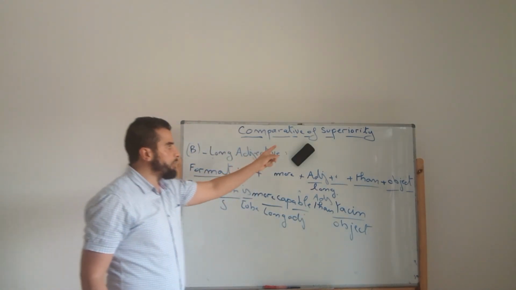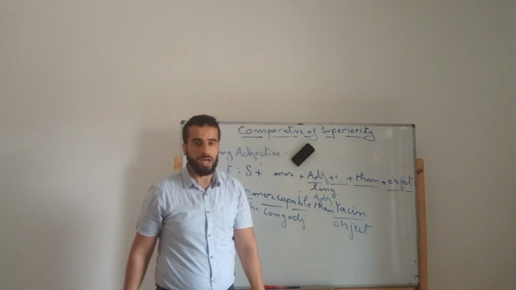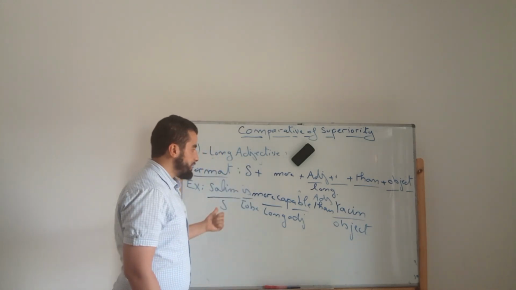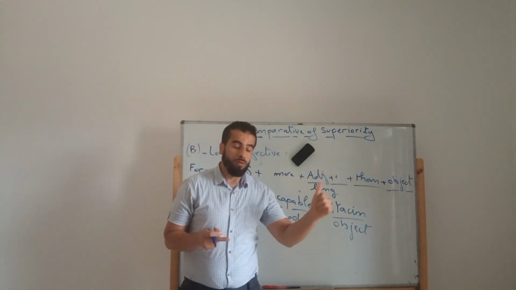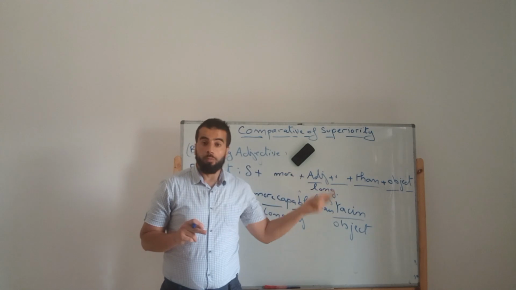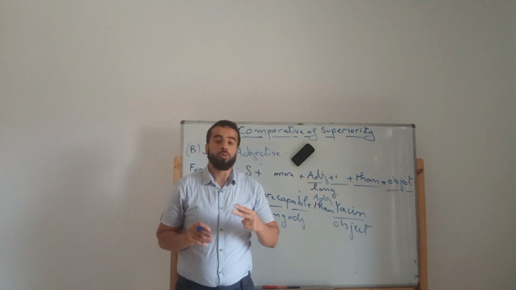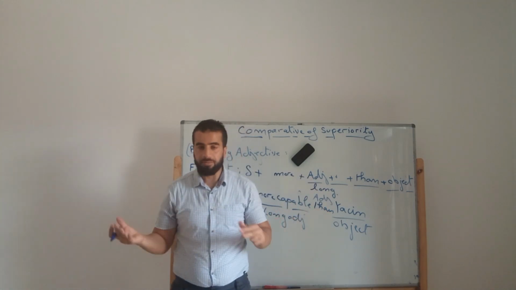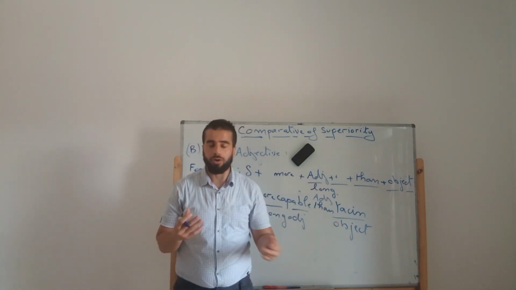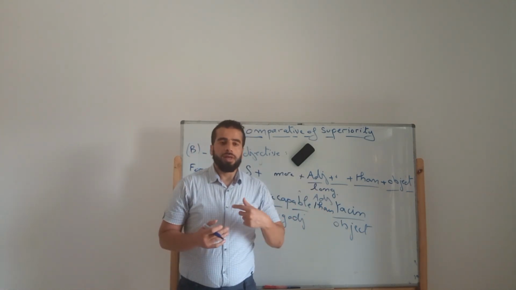This is the comparative of superiority. You have vulnerable, more vulnerable, dangerous, more dangerous, tall, not more tall. No, we say taller. Salim is taller than Abdul Qadir, etc. This is just an example.